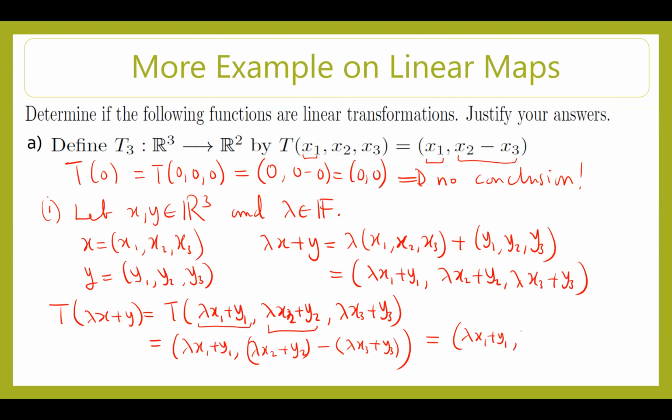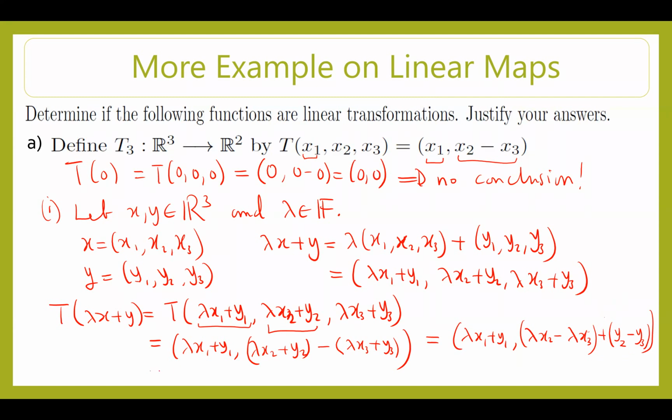Now I can rearrange this one to be lambda x2 plus minus lambda x3, not a comma. That is one component. I just rearrange plus, then I take the one with y2 minus y3.